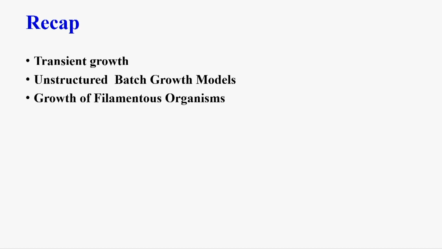At that time we call it transient growth, and then we discussed a couple of unstructured batch growth models like Malthus law, which explains the exponential phase, the logistic equation, which takes care of the exponential and the stationary phase, and we discussed the Monod model as well. Further, we discussed the growth of filamentous organisms, particularly molds. There we observed the mass is proportional to t cubed.